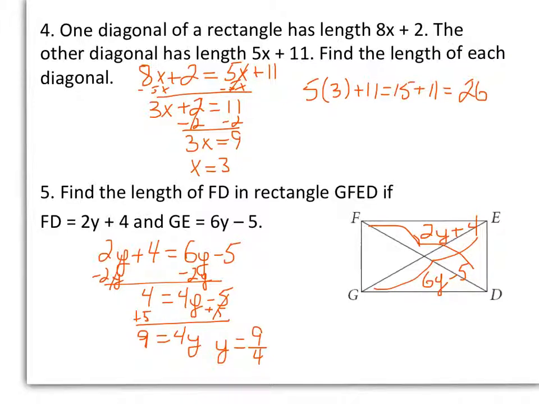You can put the decimal here because it's a decimal that terminates. All right, so FD will be 2 times 9/4 plus 4. So we get 8.5.